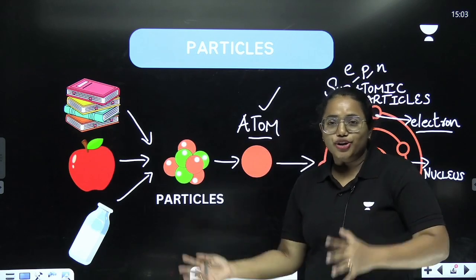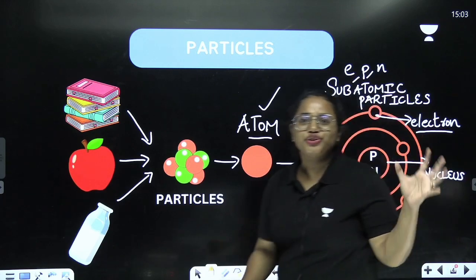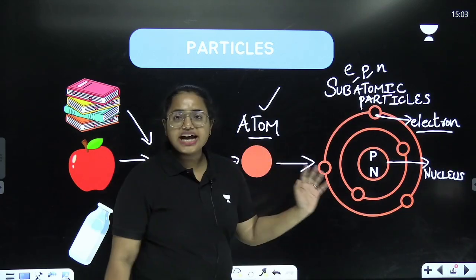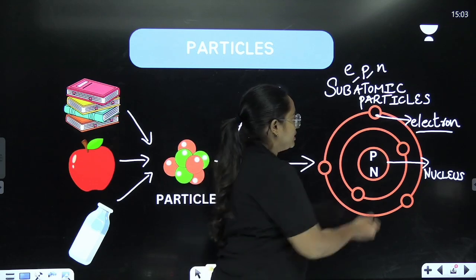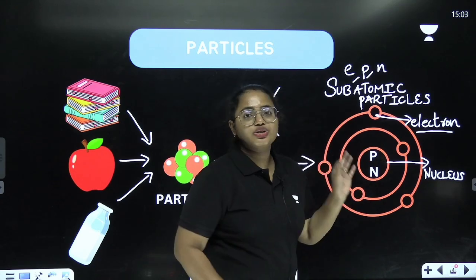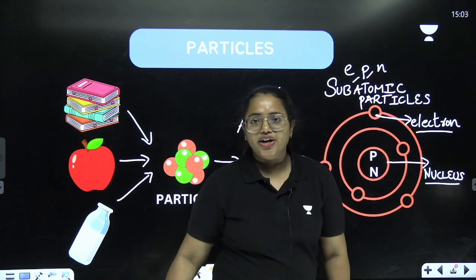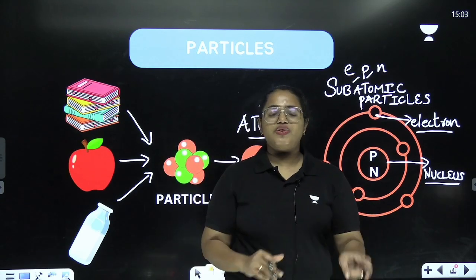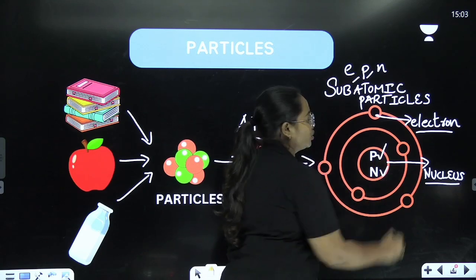When you go for the zoomed picture of an atom, we have a few more things to learn here. This is called the structure of an atom. You can see that there is a central portion, and the center of an atom is called the nucleus. Inside the nucleus, we have two things. What are they? Proton and neutron.